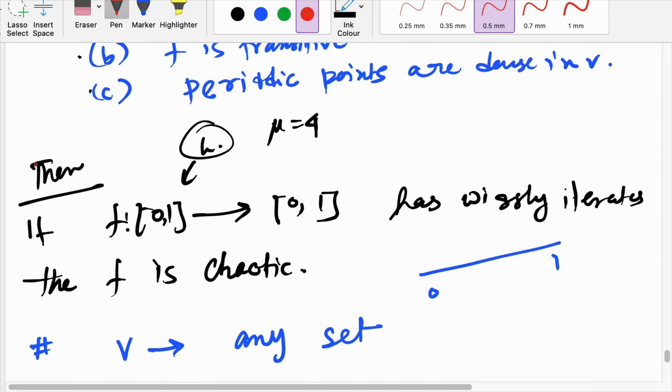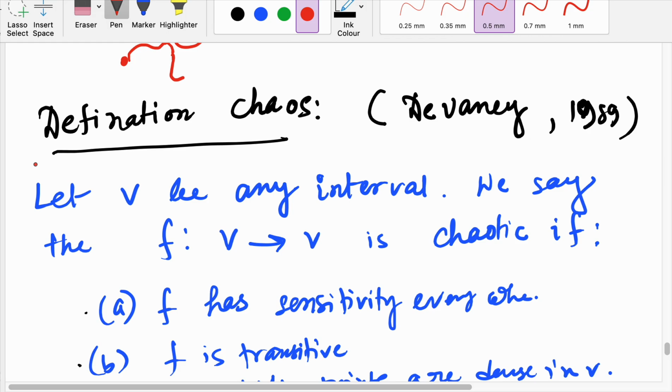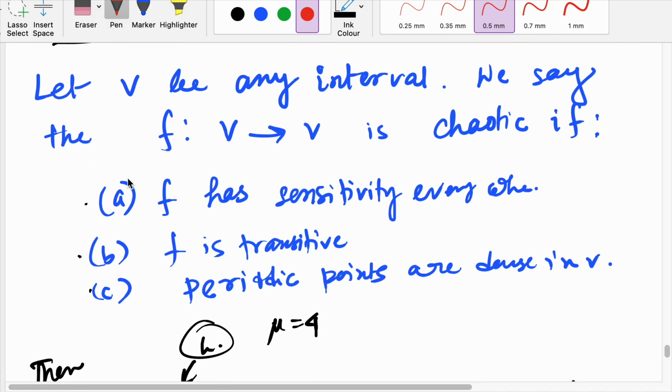One thing is this, and another thing I want to say: after this definition, everyone tries to find out whether or not these three conditions are independent of each other. Thus we could conclude A from B and C together, or B from A and C together, or C from A and B together, or B and C from A. But if you know about Newton's laws, the first law, second law and third law are actually independent of each other.